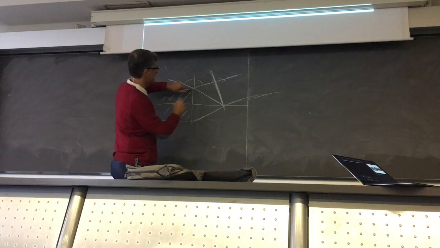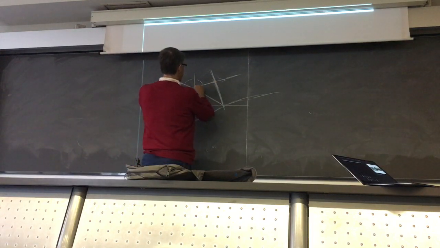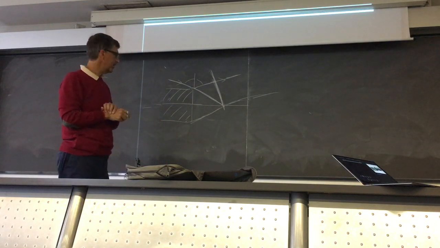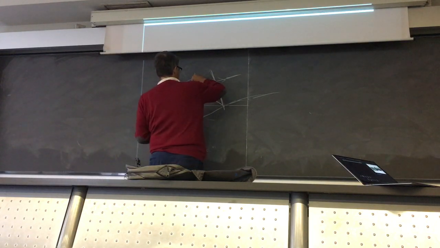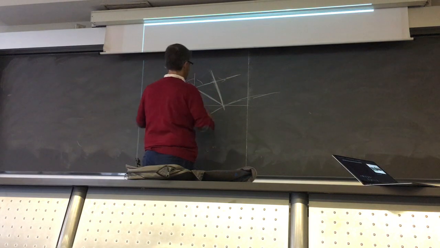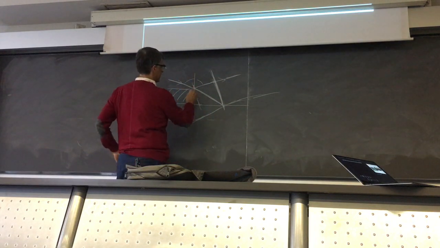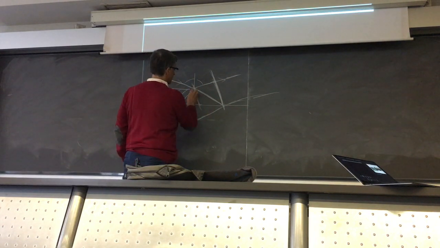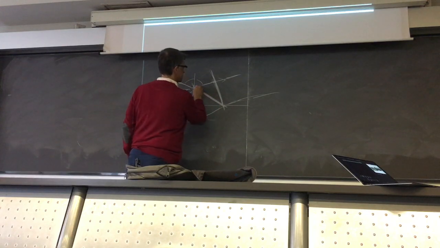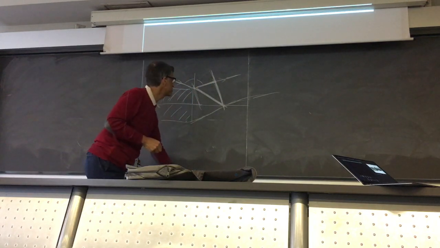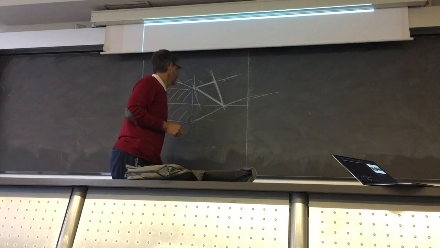This means that when the ray has done this distance, this ray has done this distance. Or you can do the opposite. The extra path is exactly this distance minus this one, so the difference between the two.